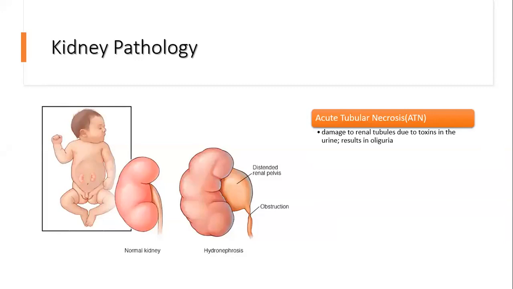Acute tubular necrosis, ATN, damage to the renal tubules due to toxins, resulting in oliguria.